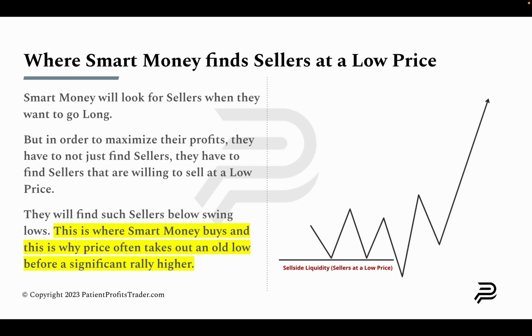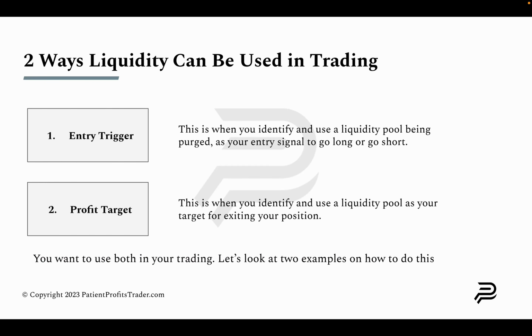Now, there are two ways we can use liquidity in our trading. We can use liquidity as an entry trigger or as a profit target. Now, you want to use both. You don't want to just use liquidity as an entry trigger or just as a profit target. Using liquidity as an entry trigger means you identify and use a liquidity pool being purged as your entry signal to go long or go short.